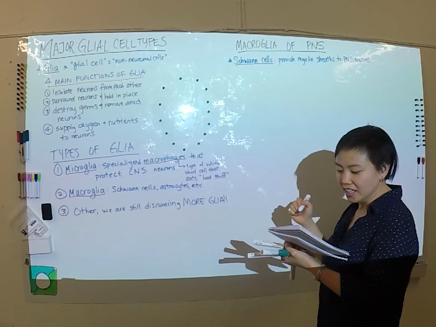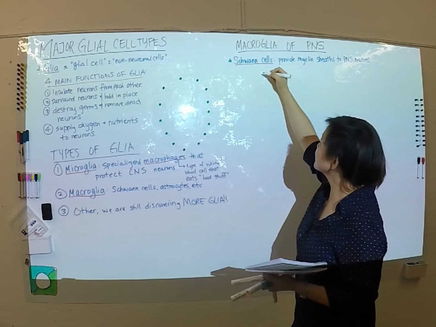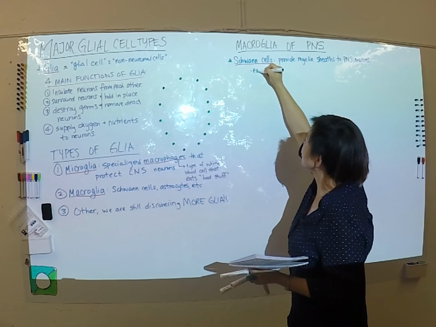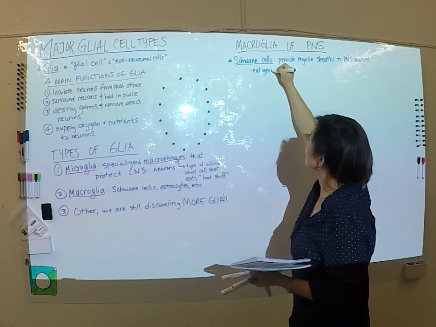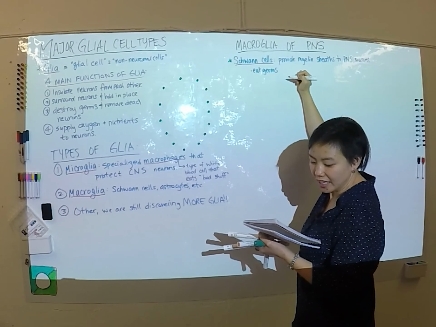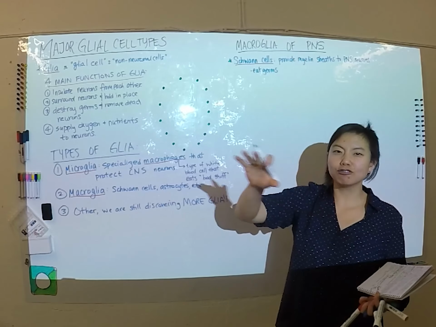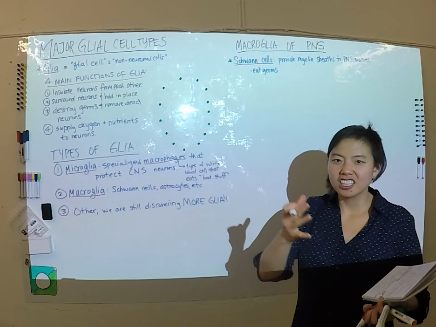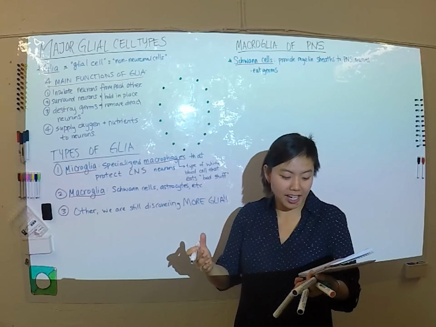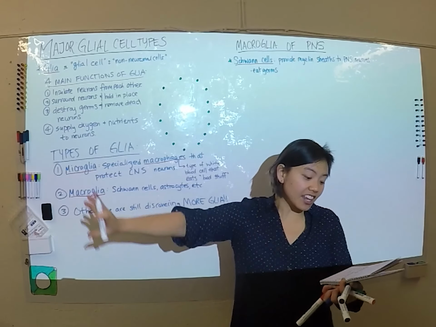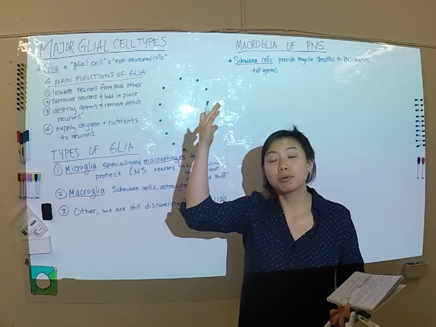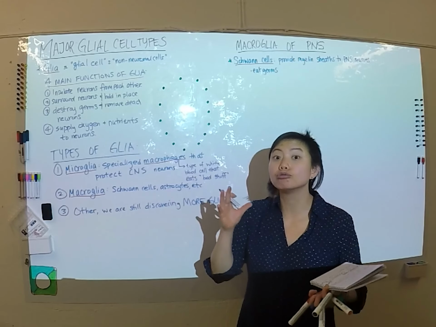Okay? The second thing that they do is they also eat germs. All right? And they also clear rubbish, like trash. Any kind of waste that gets generated by the cells, they clear that out in order to help peripheral nervous system neurons regrow.